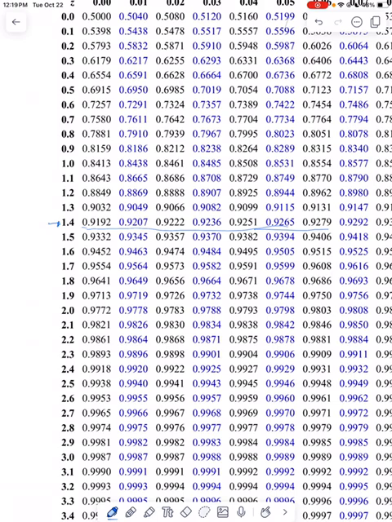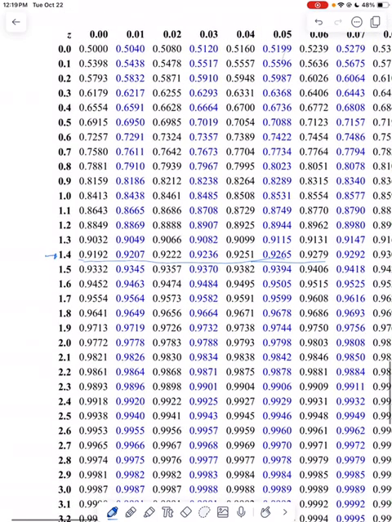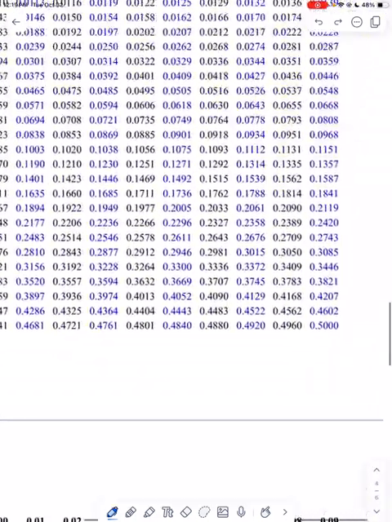Because it was 1.45, we come down to the column of 5, and here is our value, where my row and my column intersect. 0.9265, that's the value I put in as my answer.